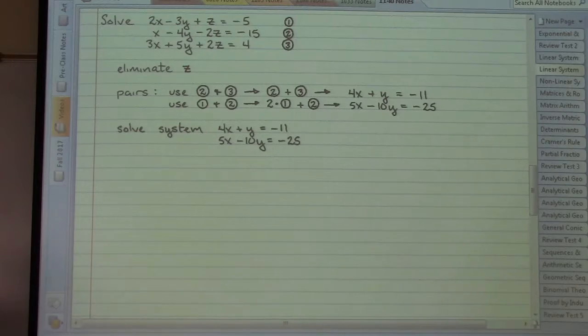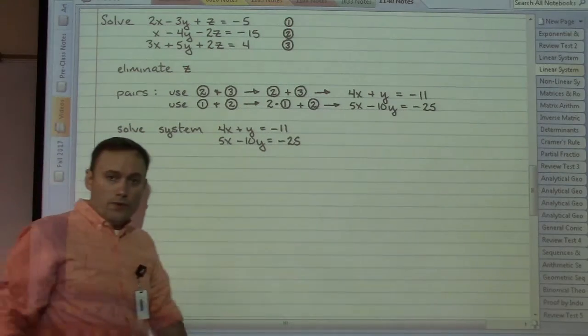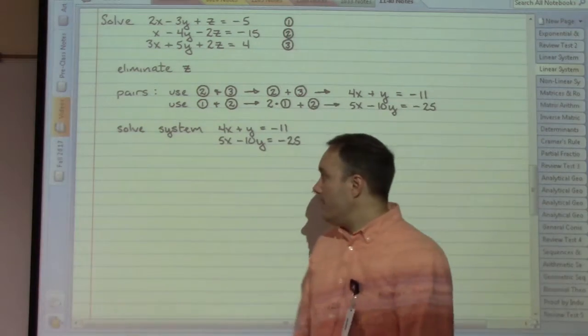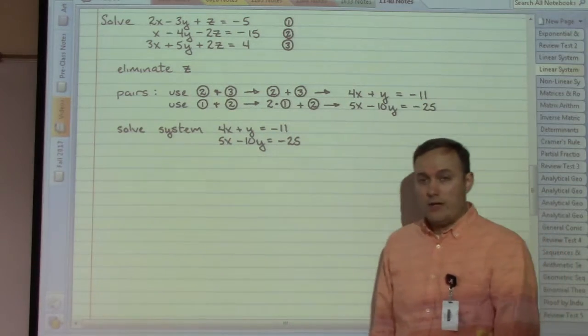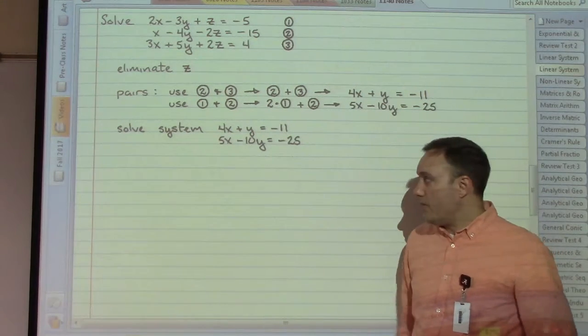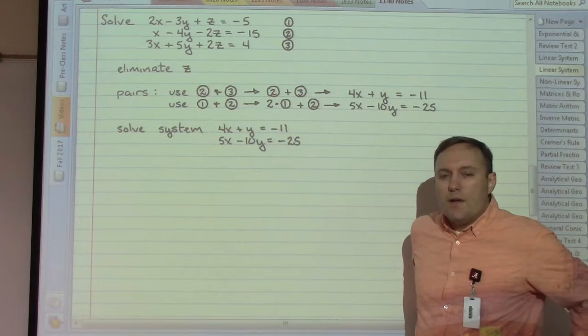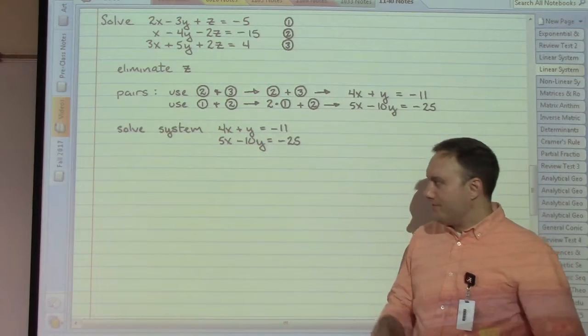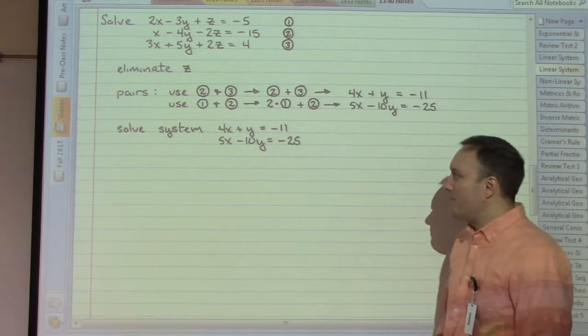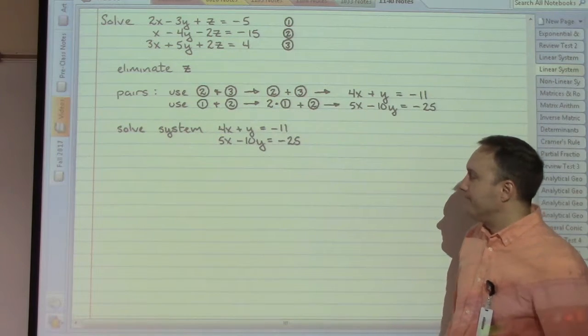And I can do that again either with graphing or with substitution or with elimination. So for instance, I could graph those without any sort of hand waving about what I'm solving for and what I'm trying to graph out.